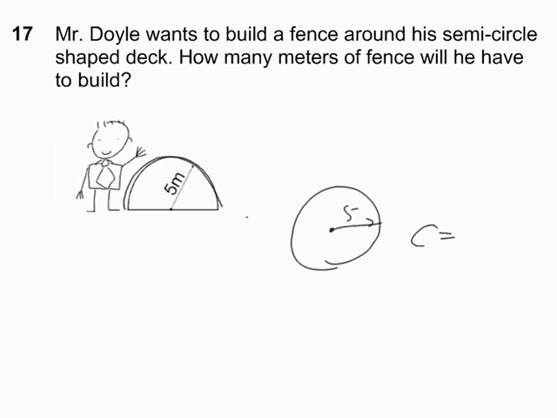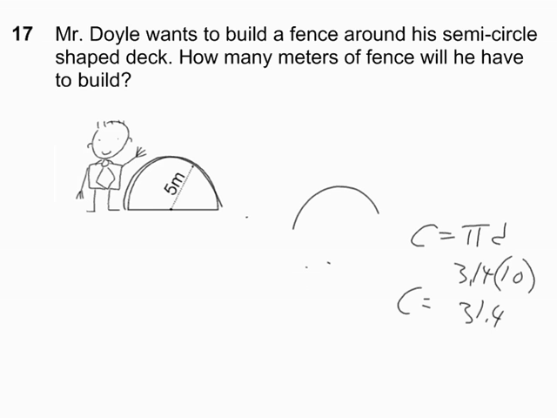So circumference equals pi times diameter. 3.14. The diameter of this circle is 10. So 31.4 is my circumference. Okay? That means that this part here, if the whole thing was 31.4, then this part here will be half of that, which is 15.7.